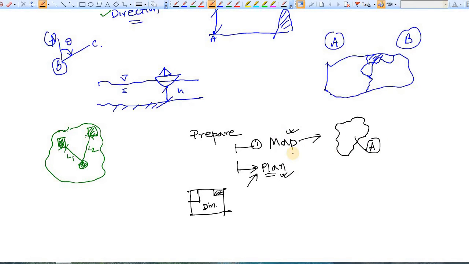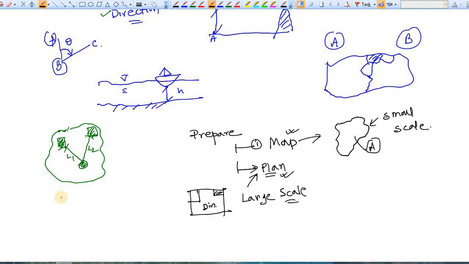Now from this it is clear to you that a plan represent a large scale representation. So plan always represent large scale representation, whereas a map represent in small scale. Now what is the meaning of this large scale and small scale? Well, I will discuss the scale in detail.